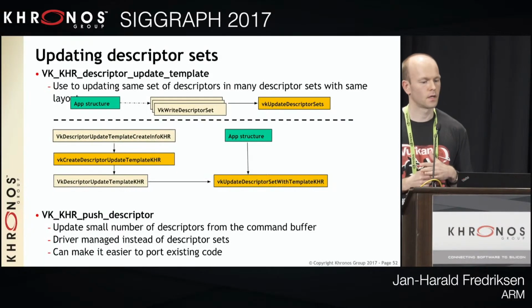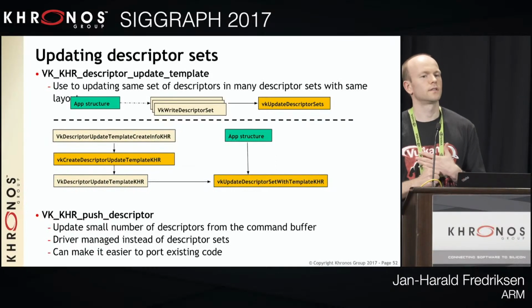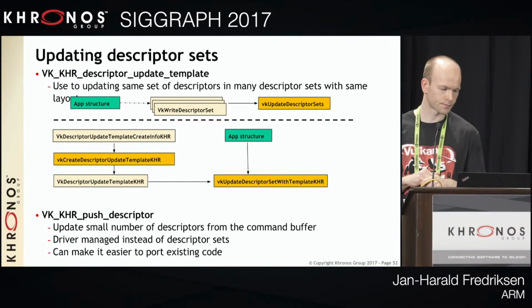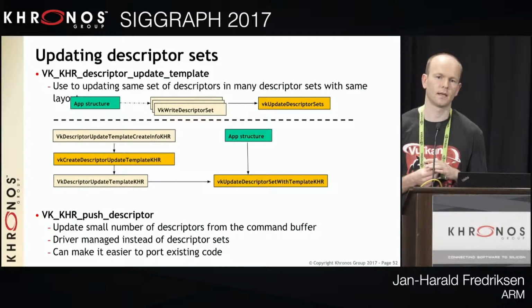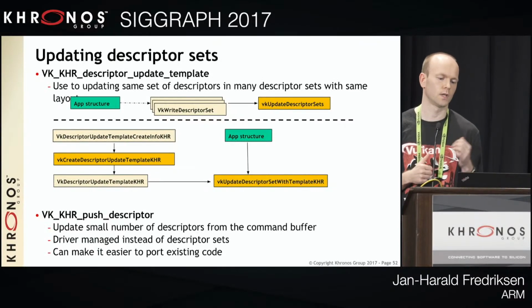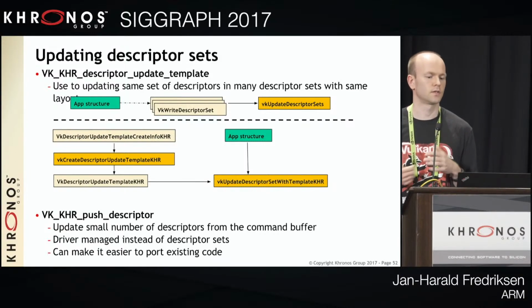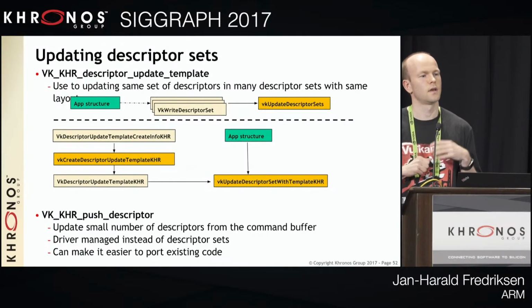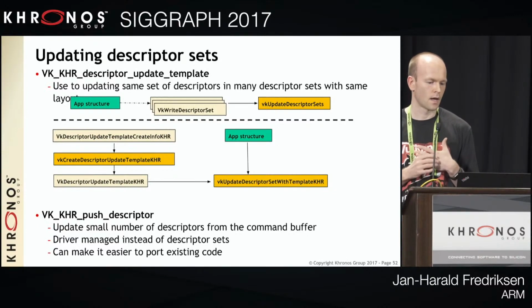Another couple of things we've done is to add extensions that change the way you update descriptor sets. One piece of feedback on Vulkan 1.0 is that if you want to update large amounts of descriptors, you end up with the application setting up a whole bunch of write descriptor set structures every time, and then you call the update descriptor set function.